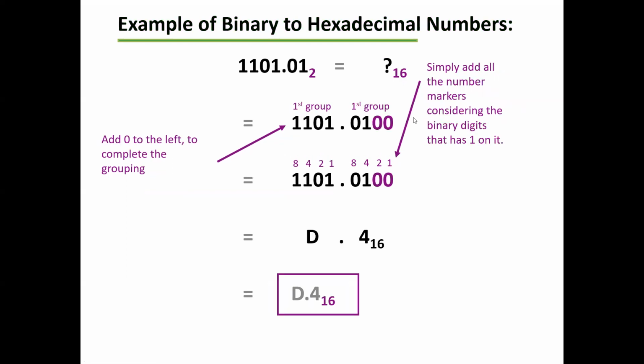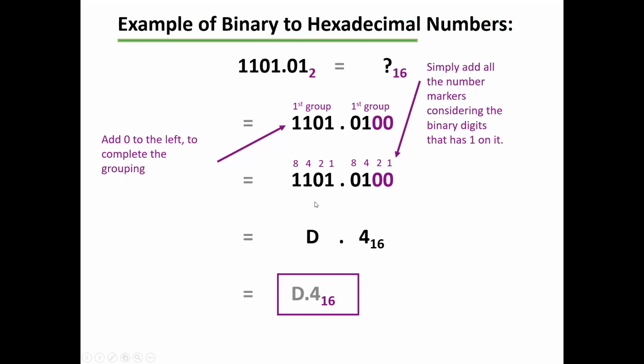Okay, for our fractional part, so ganun pa rin. Kaya lang yung groupings natin by 4, ganun pa rin ang switches natin, 8421. I-add lang natin yung naka-on na switches. So 8 plus 4, 12, plus 1, 13. So hindi po yun yung correct answer. Ang correct answer niyan dahil hexadecimal, i-convert natin siya sa letter.